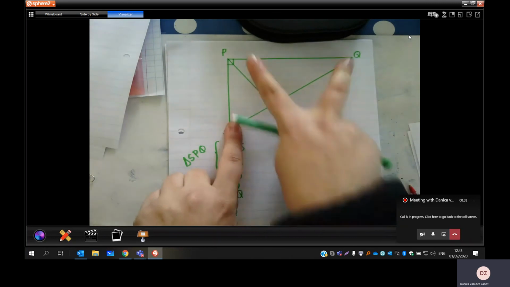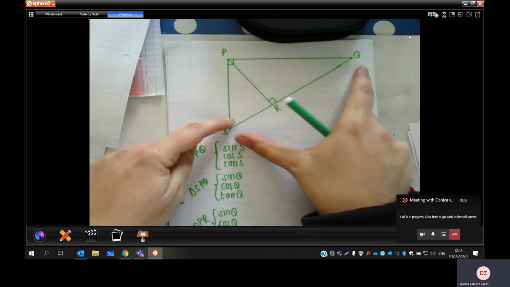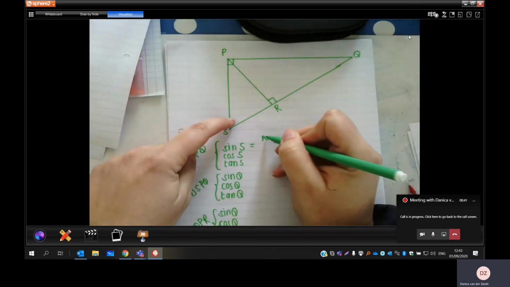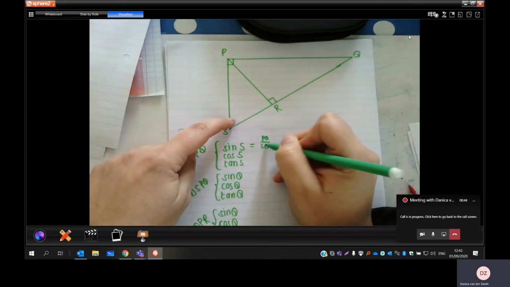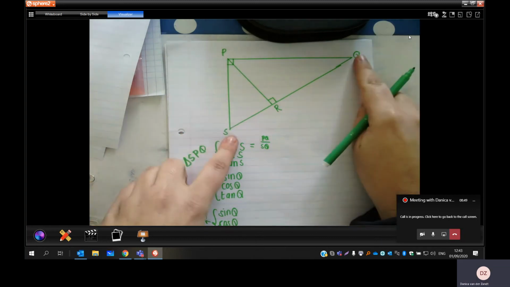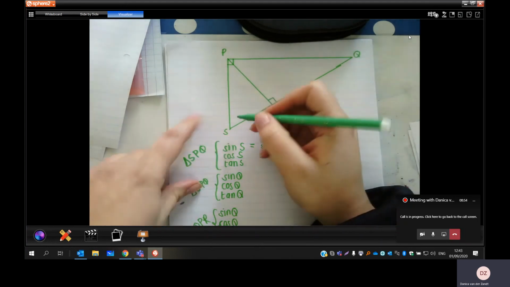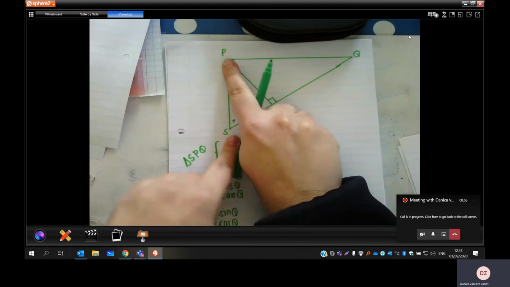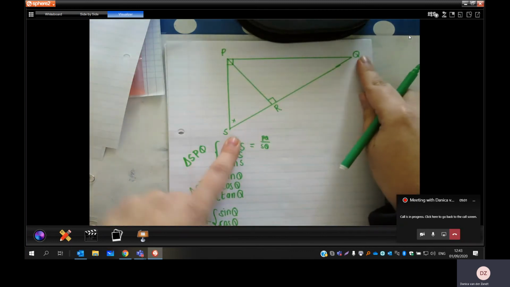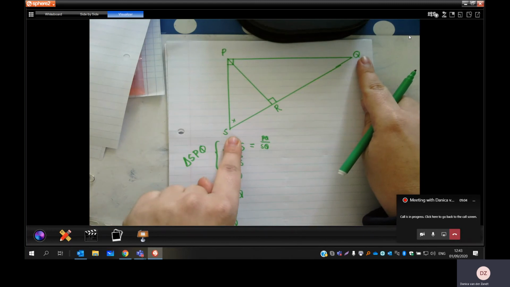S is my reference, so PQ is my opposite, and QS is my hypotenuse for sine, which is opposite over hypotenuse.